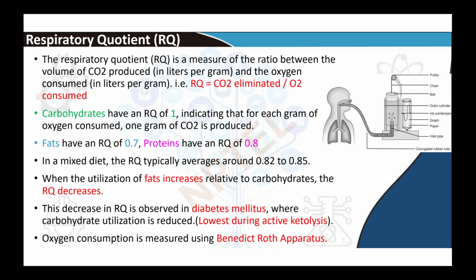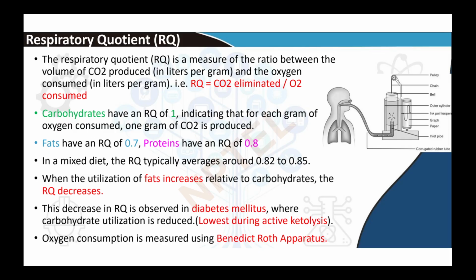For fats, the respiratory quotient is 0.7. That means the amount of CO2 eliminated is less than the amount of oxygen consumed. For proteins, the RQ is 0.8. In a mixed diet, the RQ typically averages from 0.82 to 0.85.